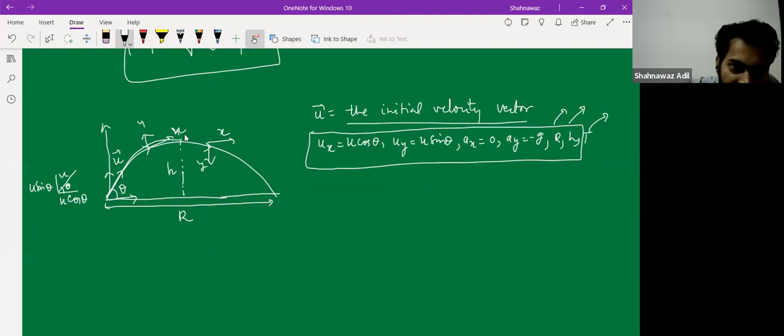Let's break this projectile into two parts. The first half, where it reaches the maximum height, and the other part. Whatever time it takes to reach here, the equal amount of time it will take to reach here.